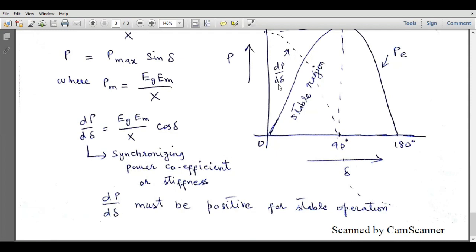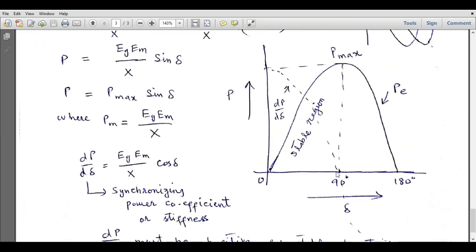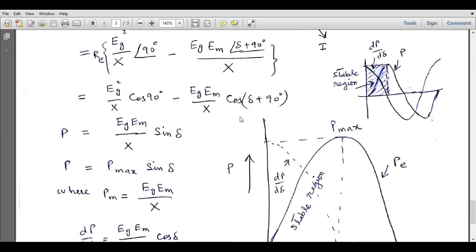So if the power system is working in this regime, when dP over d delta is positive, then the system is said to be in stable mode. Otherwise, if the system is operating in the second half, the derivative term will be negative, and the system will be operating in the unstable region.